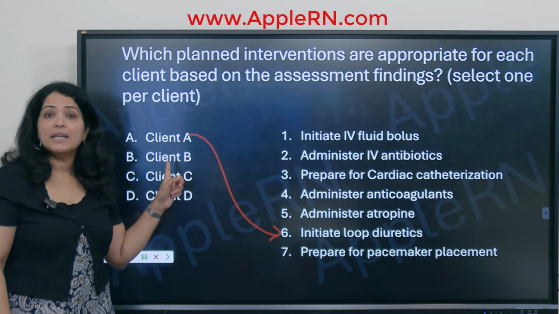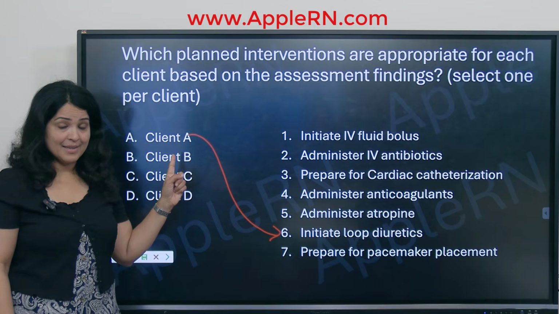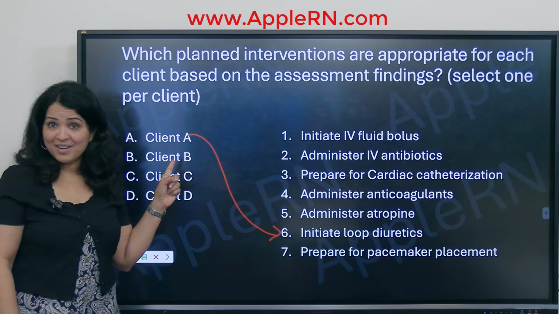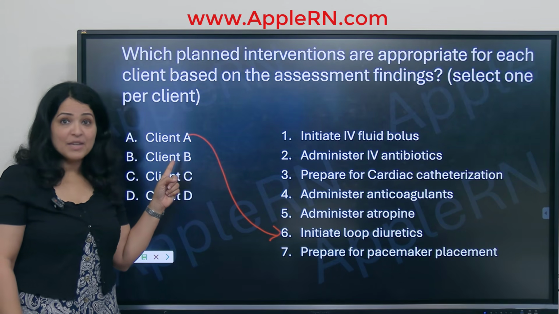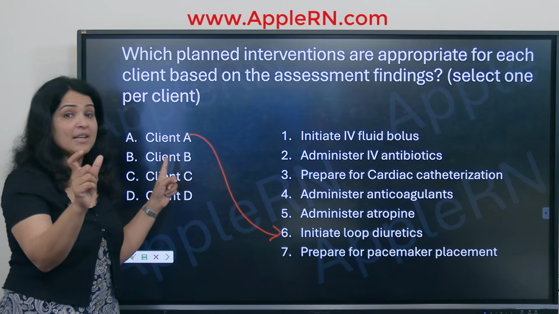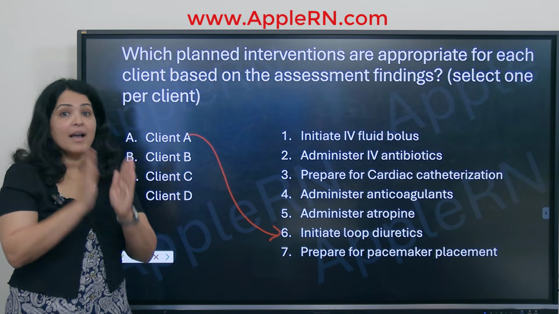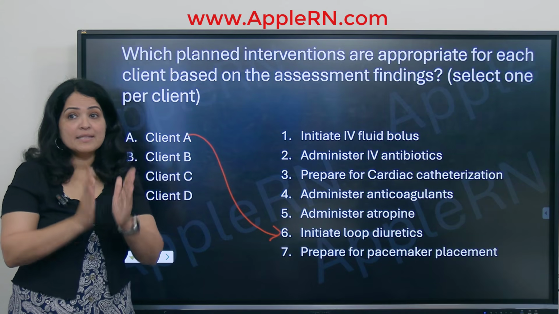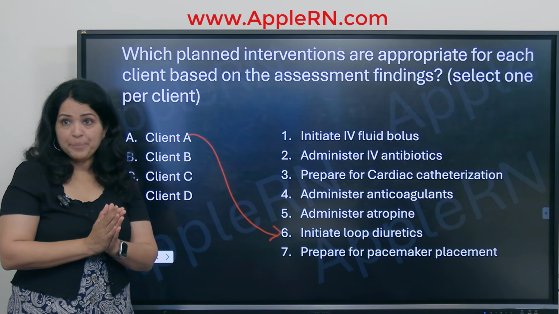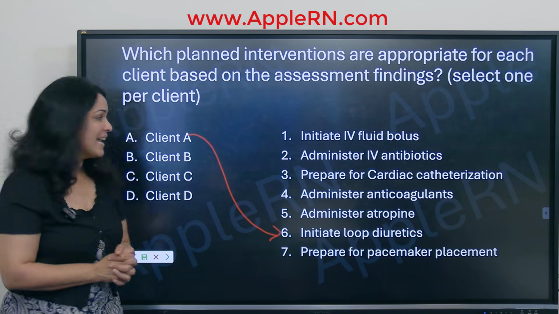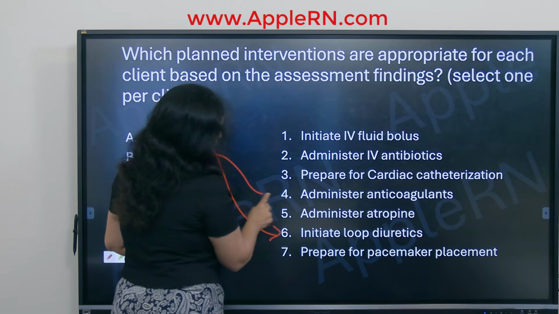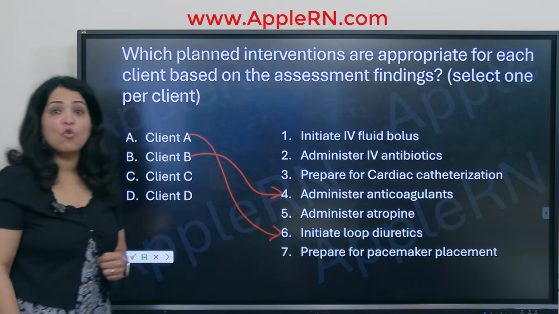How about client B? This is our AFib client, atrial fibrillation client. What is something we can do specific? Be specific. The client with AFib, what is something we will be giving to them? For the AFib client, we will be administering anticoagulants.